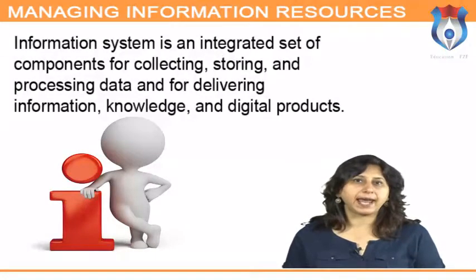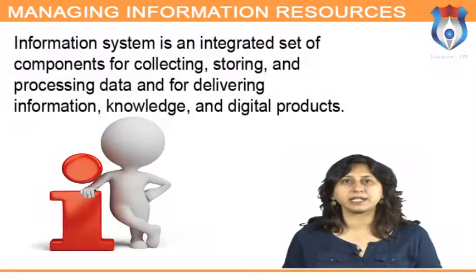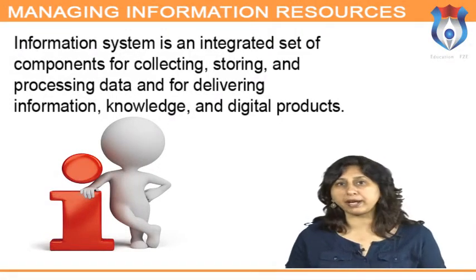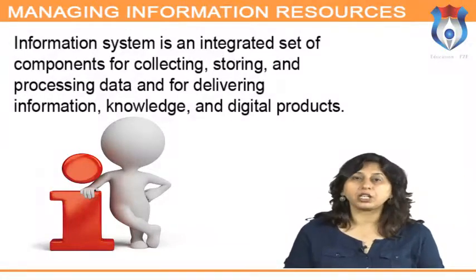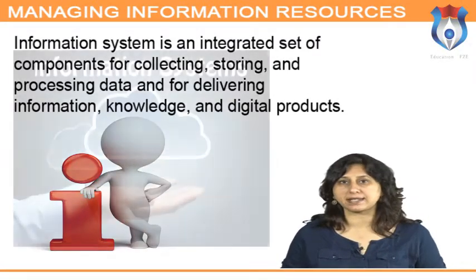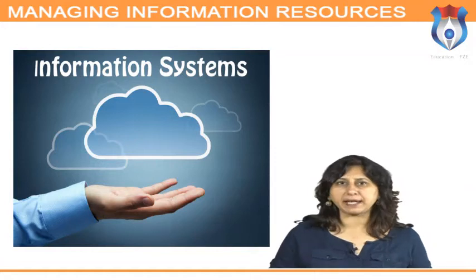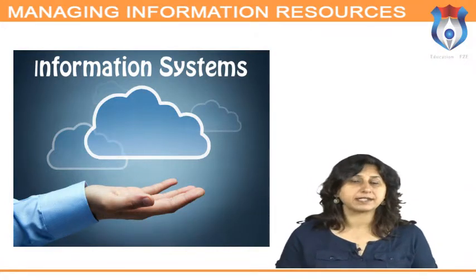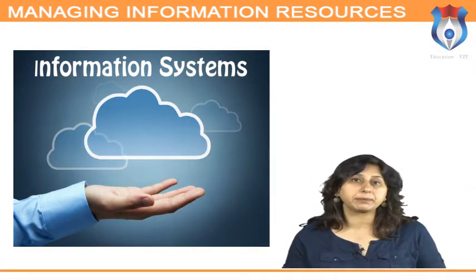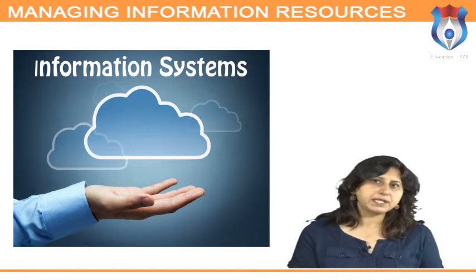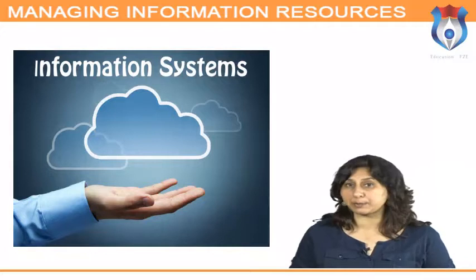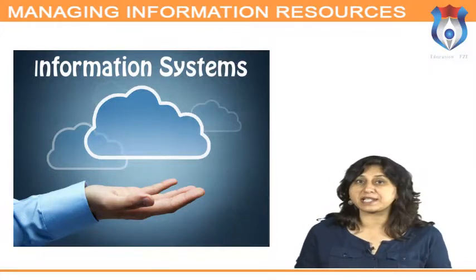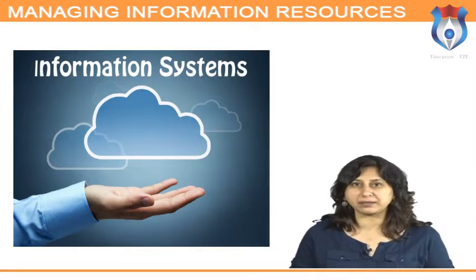Information system. An integrated set of components for collecting, storing and processing data and for delivering information, knowledge and digital products. From a functional perspective, an information system is a technologically implemented medium for the purpose of recording, storing and disseminating linguistic expressions as well as for the supporting of inference making.